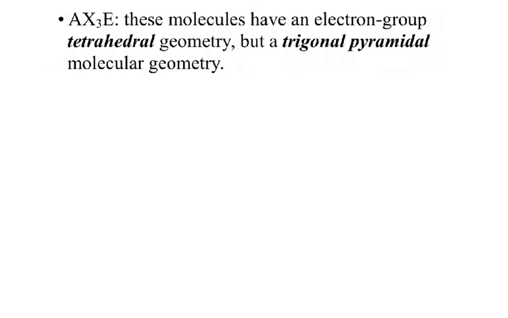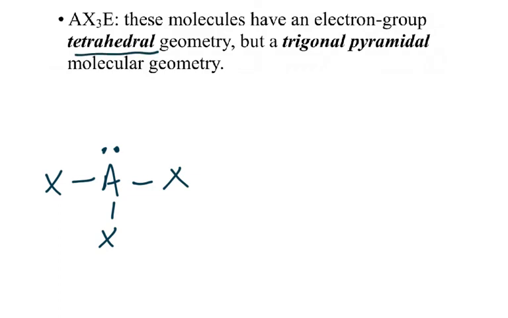Now, let's go back and take a look at this. So, if you have a scenario where you have a central atom and, let's say here, three are bonding and you have a lone pair. Notice you still have four domains. So you still have a tetrahedral electron geometry.